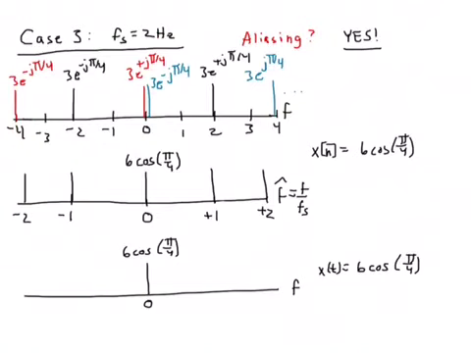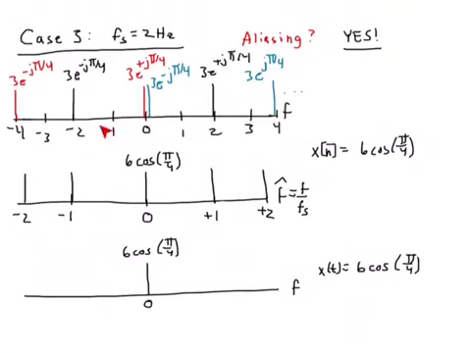If we go ahead and sketch all of our copies of the spectrum, which is what happens when we sample a signal, something very interesting happens here. So I've sketched the original, that's these black lines, and then I've sketched a copy at -2 and a copy at +2, okay? And we notice something very strange here.